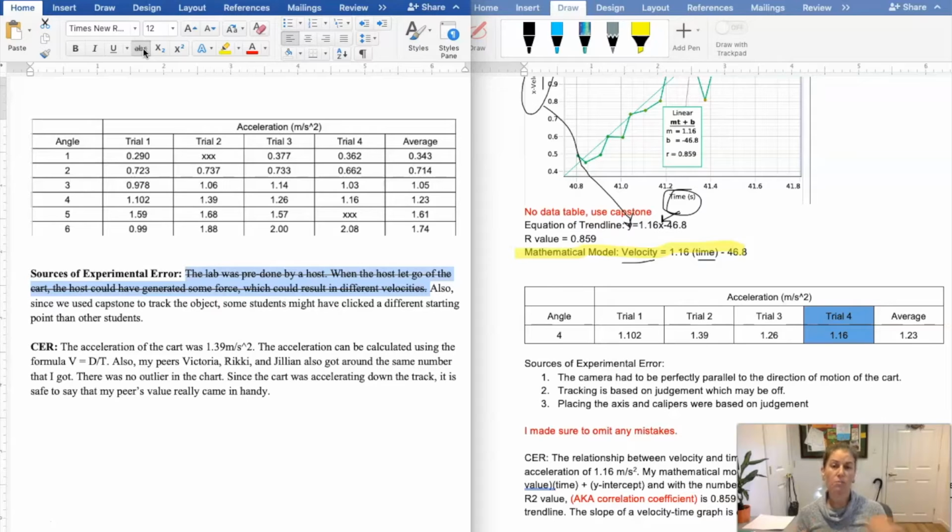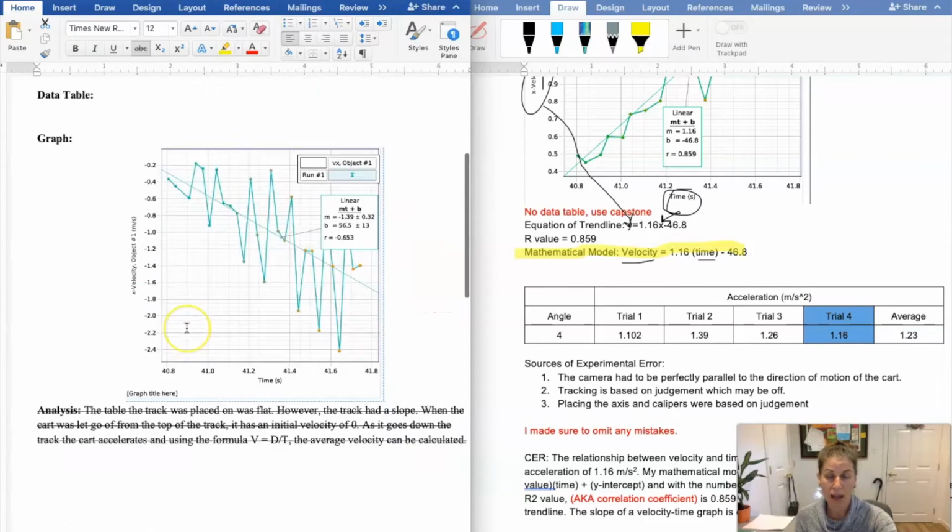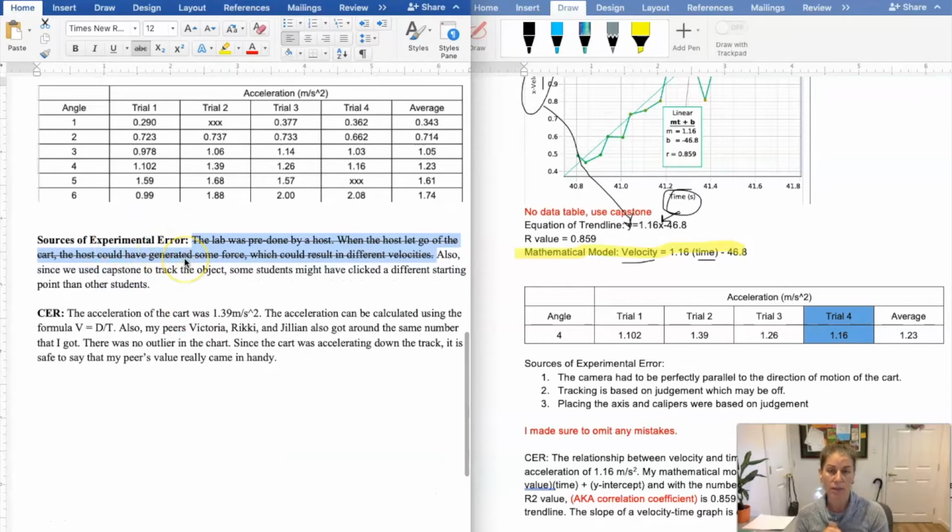So you're going to have to put yourself in my position when you write up your methods and materials and when you're doing the sources of experimental error. You want to talk about this as if it's something that you actually perceived and did. So could I have generated some force? Sure, but unlikely, and it would not affect the acceleration, only the initial velocity.